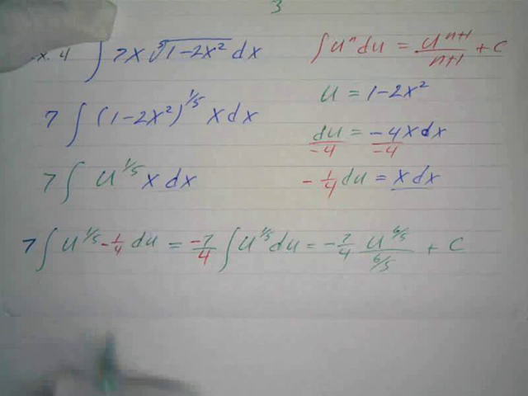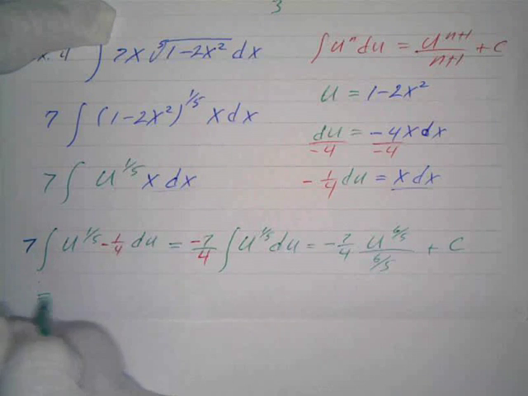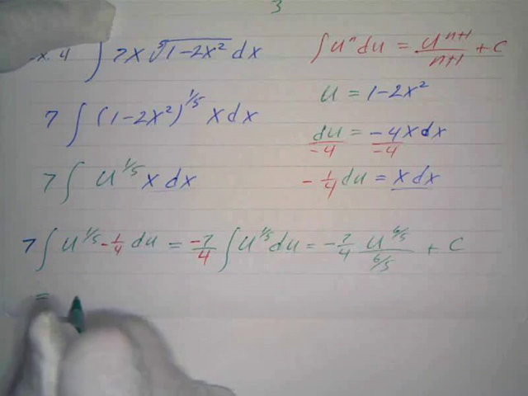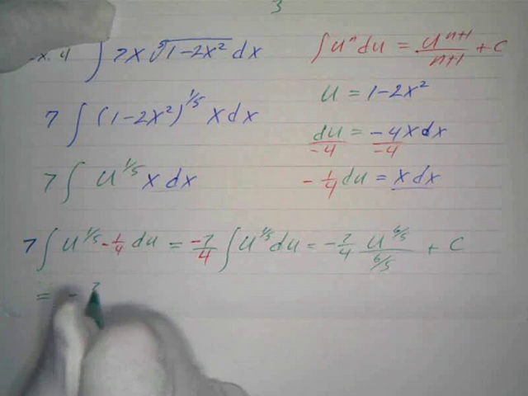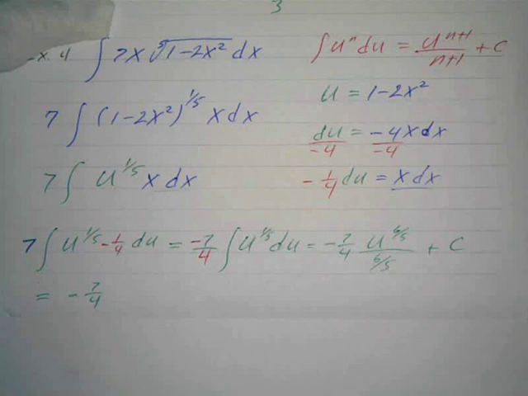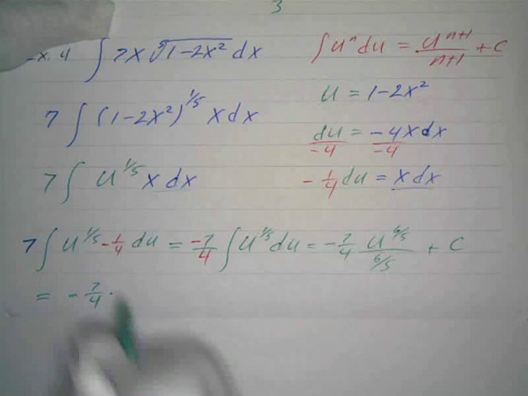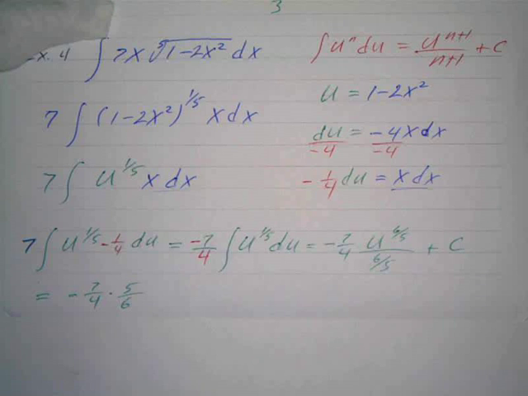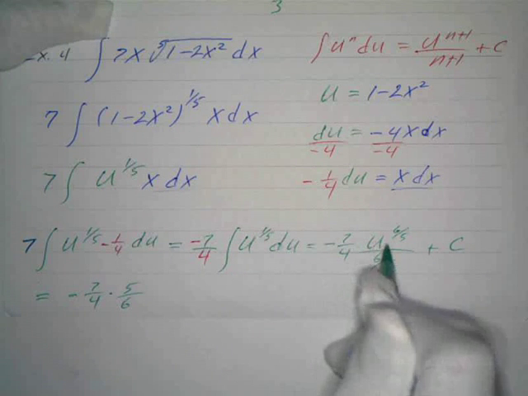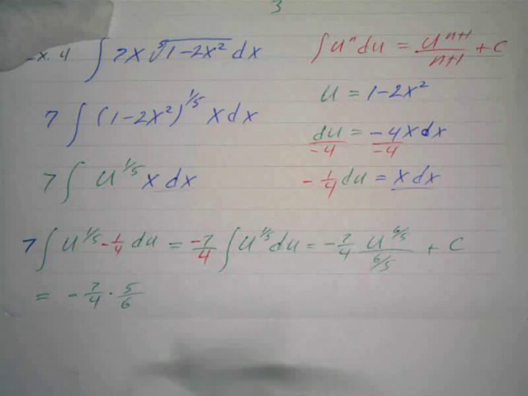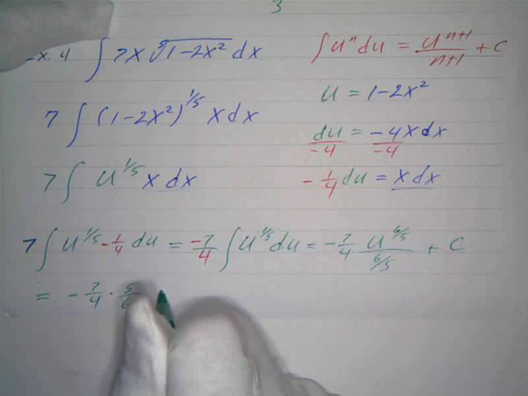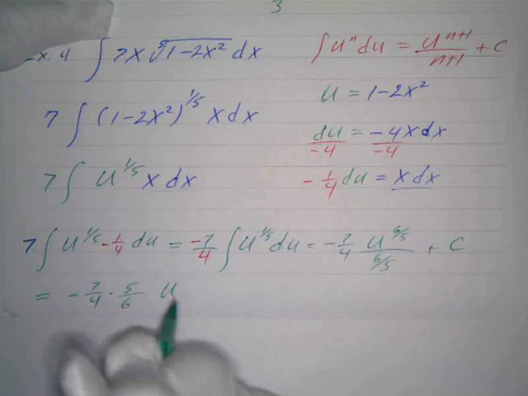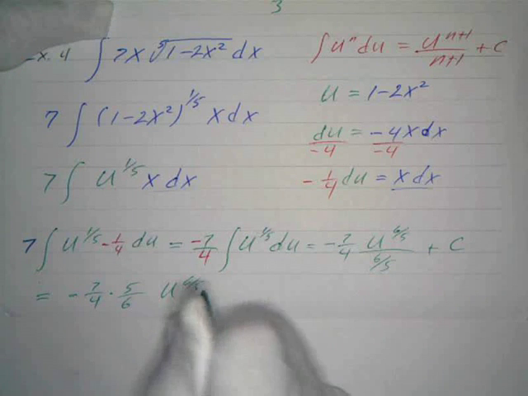That equals negative 7/4, and instead of dividing by 6/5, we multiply by 5/6, times u to the 6/5 plus c.